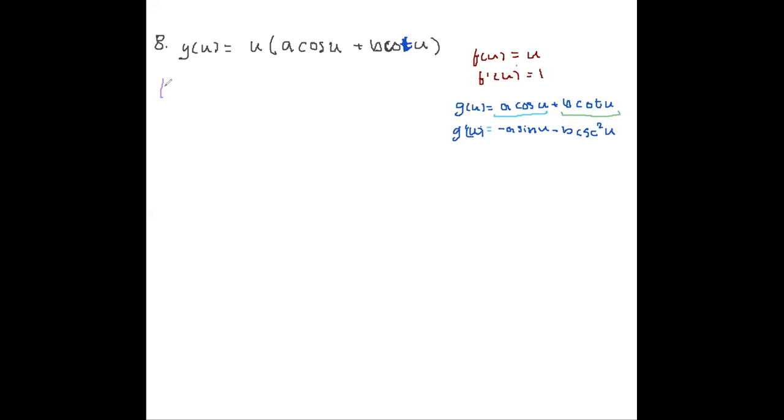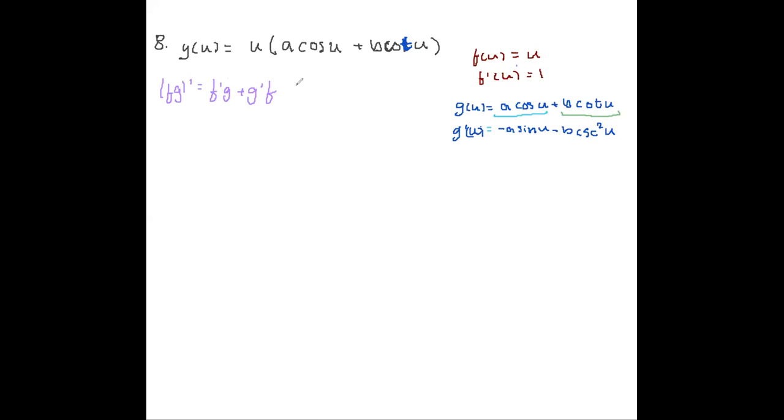Which I will remind you is, it doesn't really matter what order you do them, because you're adding, just as long as you make sure that one is f prime and g and the other is g prime and f. So I can swap those and call it g prime f plus f prime g, because we're adding.